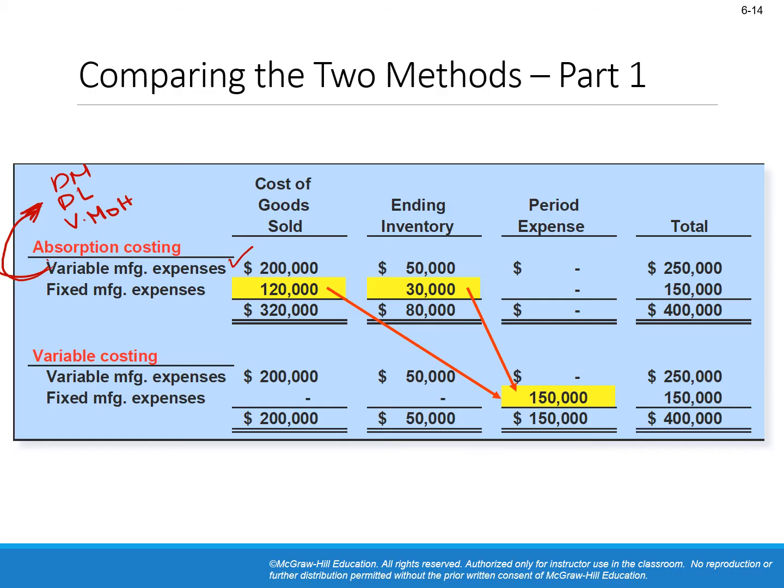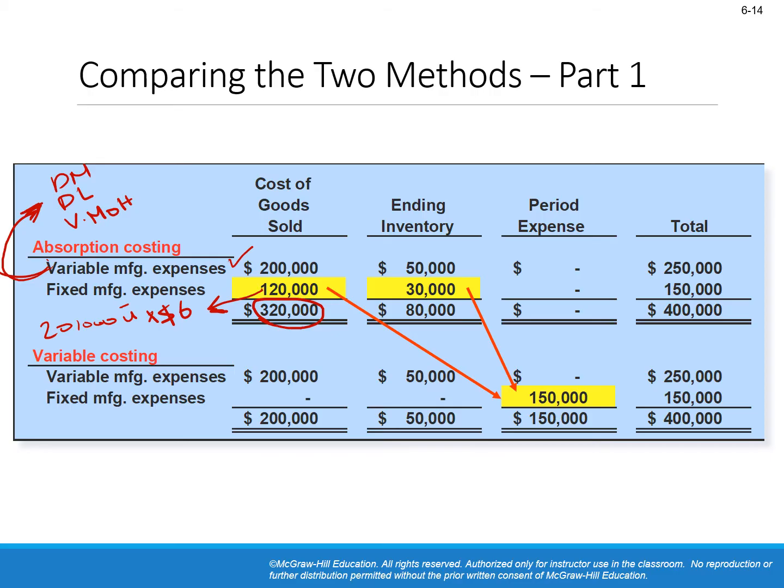The fixed manufacturing overhead expense is $120,000, and this number over here, instead of being $150,000, it is 120 because we multiplied the number of units that were sold by the $6, which is the fixed manufacturing overhead per unit. And therefore, the total cost of goods manufactured under absorption costing is $320,000.